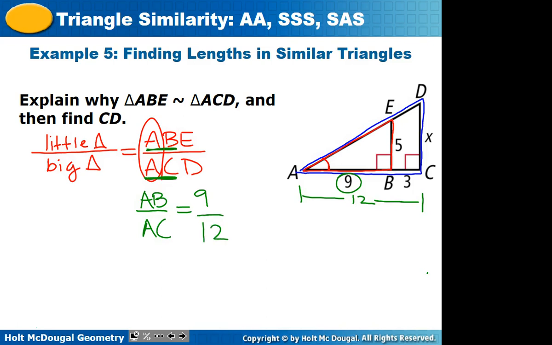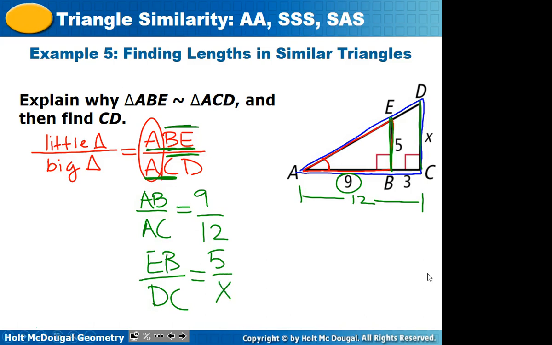So then I'm going to look at these other two sides. I've got this side here that corresponds with this side. So that would be EB over DC. So EB is 5 and DC is X.